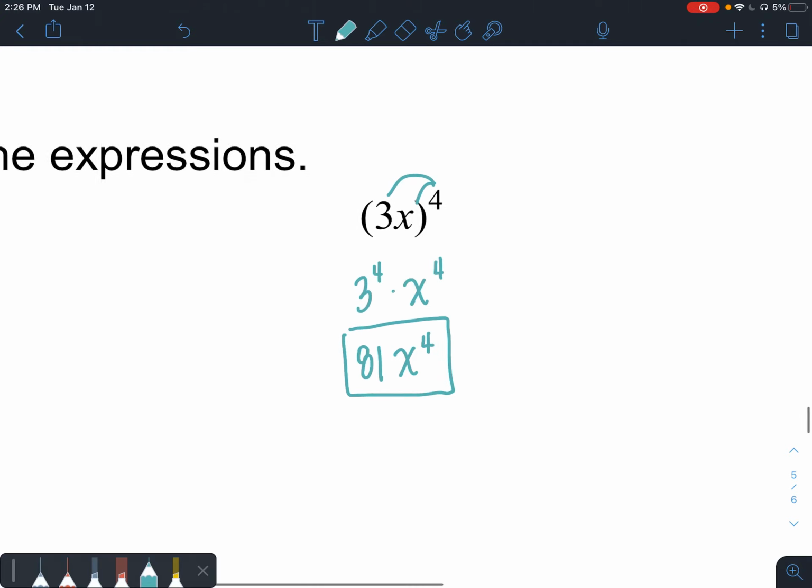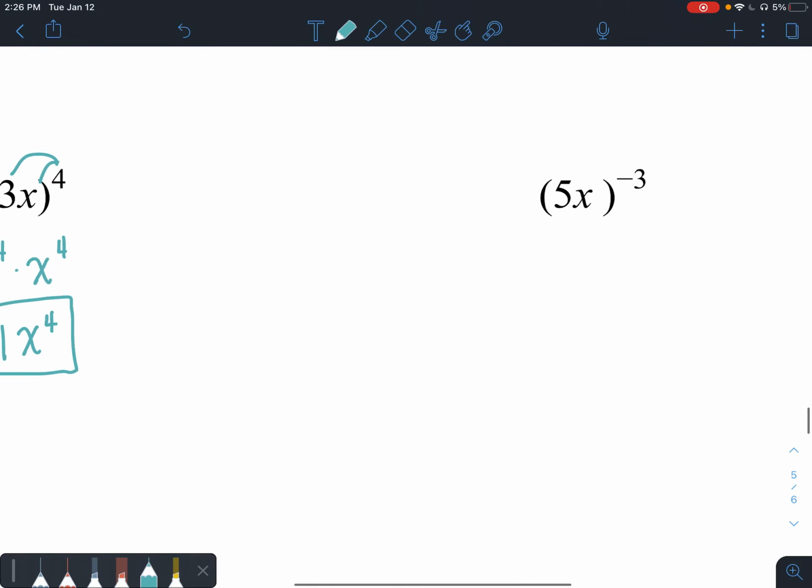All right, let's look at this next one. So I have 5x to the negative 3, so I'm going to take that through. So I have 5 to the negative 3 times x to the negative 3. Don't like negatives, so I'm going to take them down under.